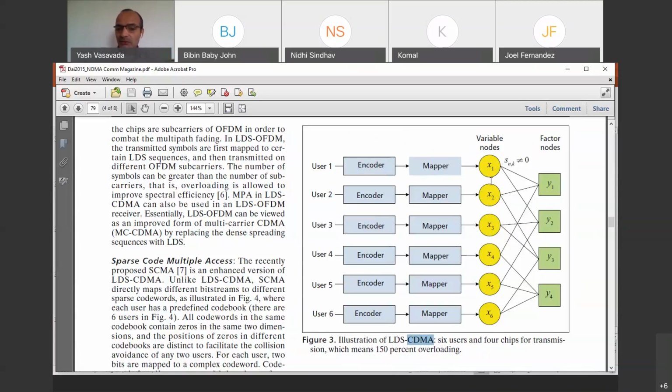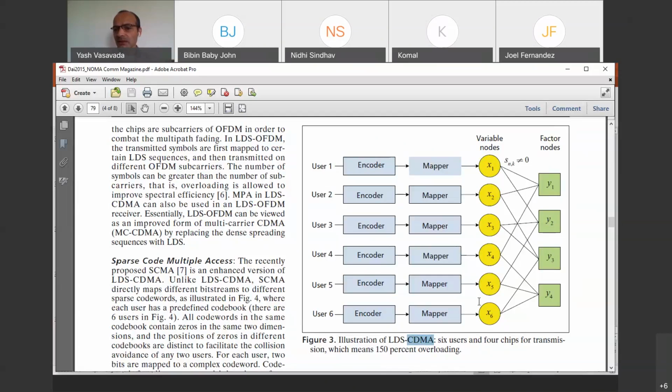But the unique aspect of low density spreading is that if you look at user 1, his signature sequence is 1100. You see that the signature sequence is 0 for Y3 and Y4. That is why x1 never appears on chip number 3 and 4. Similarly, x2 is getting spread only over Y1 and Y3. And now there is no presence of the second user on chip number 2 and chip number 4, and so on.